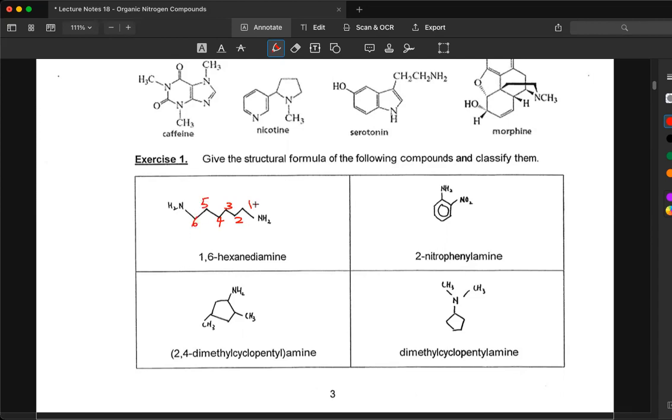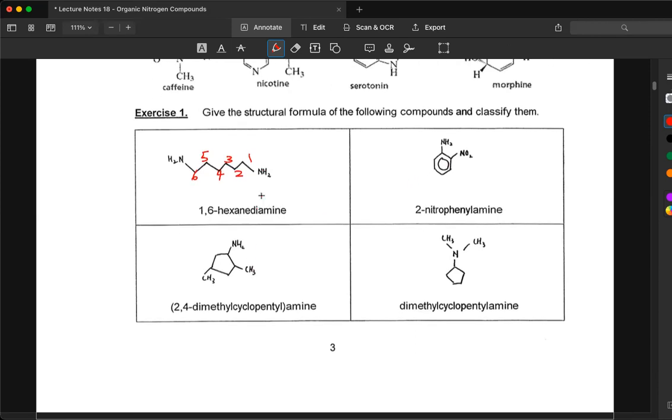So there are 6 carbons in the continuous carbon chain, which makes it a hexane. And there are 2 amines, one on each end, 1,6-hexyldiamine. Okay, the amine is the substituent. And the nitro here is the substituent. So we name this 2-nitrophenylamine.